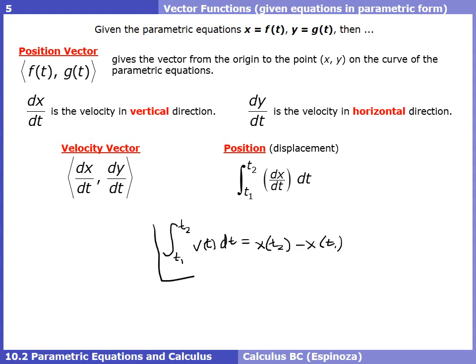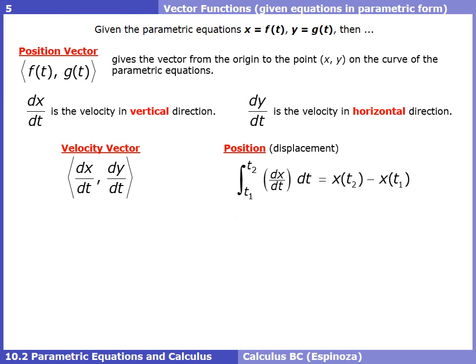But here, we're trying to apply this concept to parametric equations. So if we integrate our velocity in the x direction, or the vertical direction in a sense, then that's going to give us the position at t2 minus the position at t1.